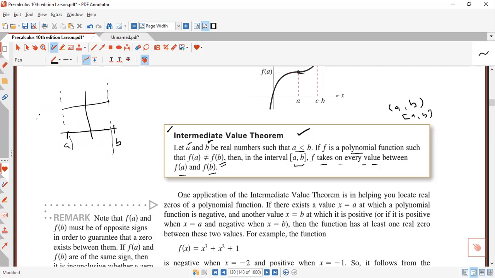Because here f of A will equal f of B, but we are assuming that the initial and ending values are different. So we have two kinds of possibility: either the function goes like this, or like this one. Or our function may be a smooth curve like here. So we have infinite possibilities while following these assumptions.